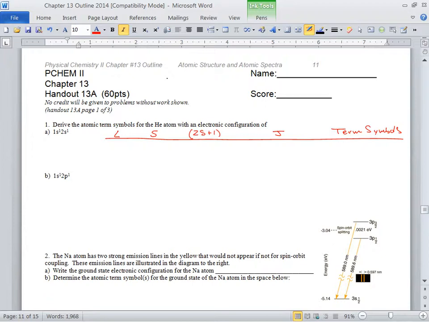Those handouts we did. But I think you have all the homework done, right?